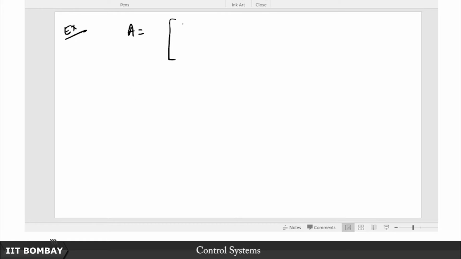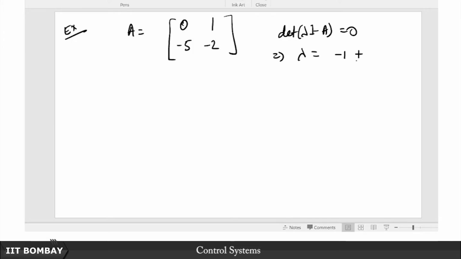So let us take this 2 by 2 case, this matrix with entries minus 5 and minus 2. Because I have already done the calculation earlier, I know that the determinant of lambda I minus A equal to 0 implies lambda is equal to minus 1 plus or minus j2. So this is exactly the case that we have not discussed yet.